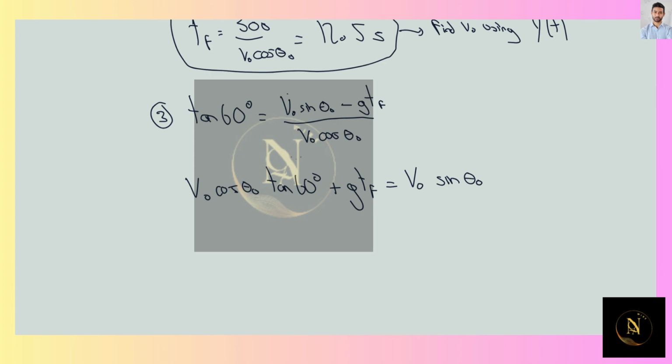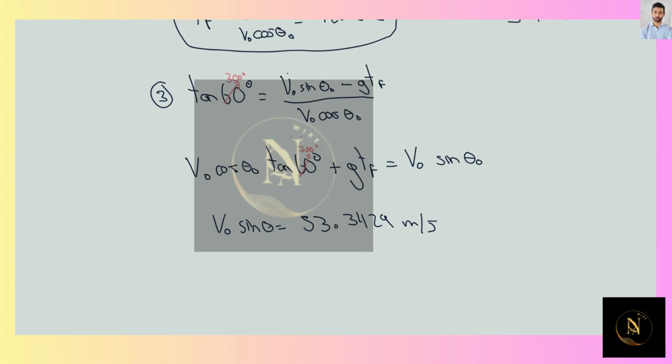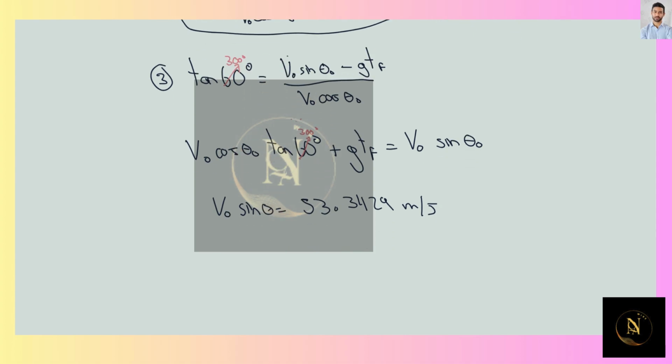So all of the left-hand side gives us, taking into account again that this should be tangent of 300 degrees, just to keep everything consistent with our calculations, that v0 sine of theta 0 is equal to 53.3429 meters per second.